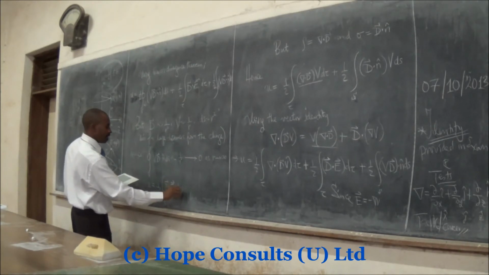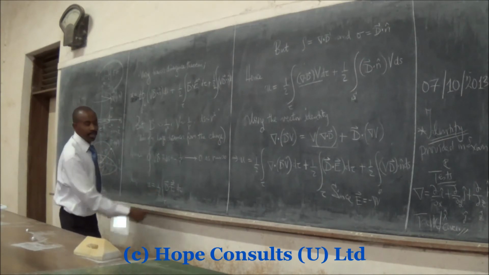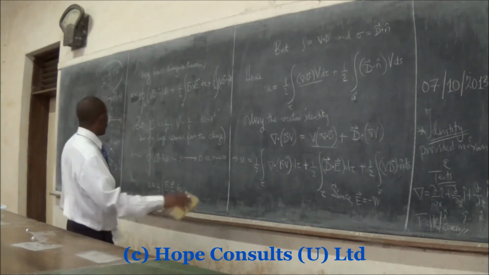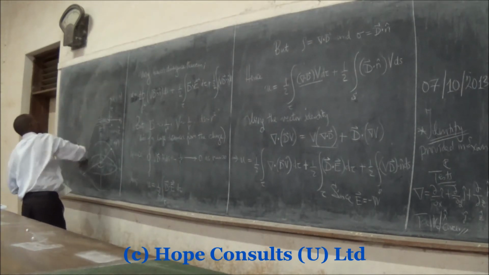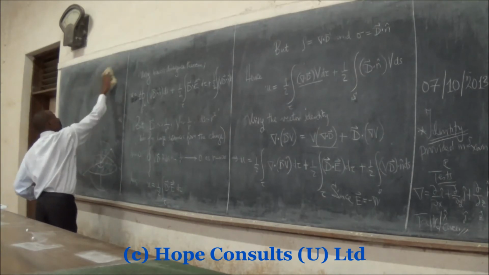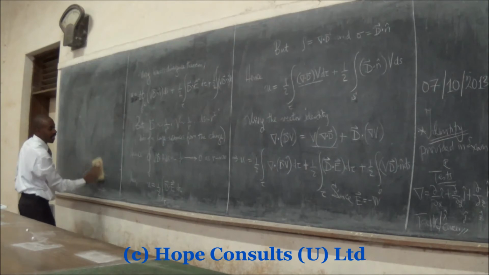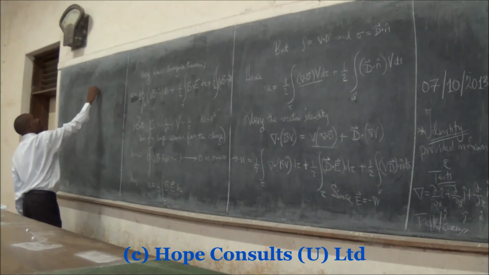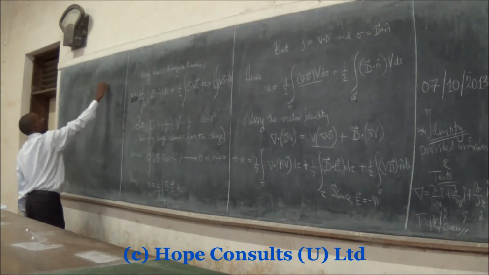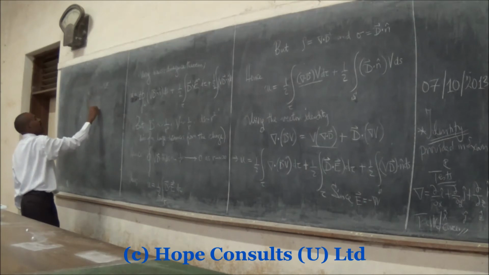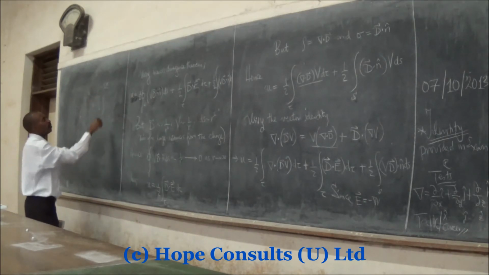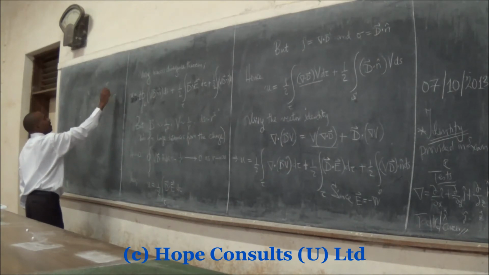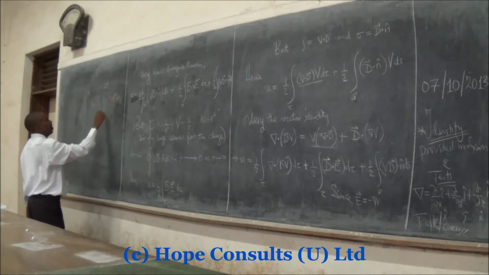Does this ring a bell in your mind? If we are in free space, if our distribution is in free space, then our energy here, if you take our D equaling epsilon E, our U would equal a half integral, and then you put our epsilon naught E, that E d tau, over the volume tau.